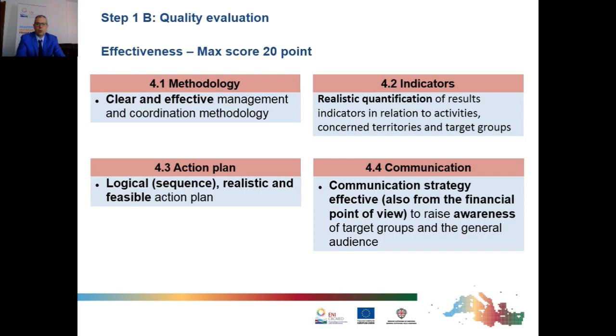Section number 4 of the quality evaluation grid concerns effectiveness with the maximum score of 20 points. The first criterion concerns the methodology. Once again, we're going to assess a clear and effective management and coordination methodology.